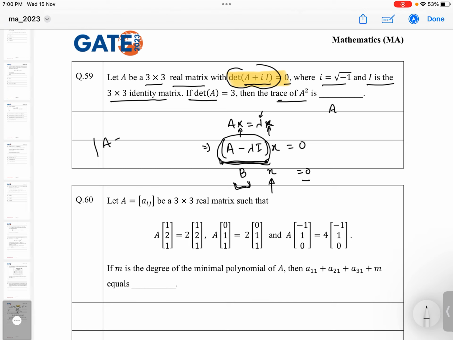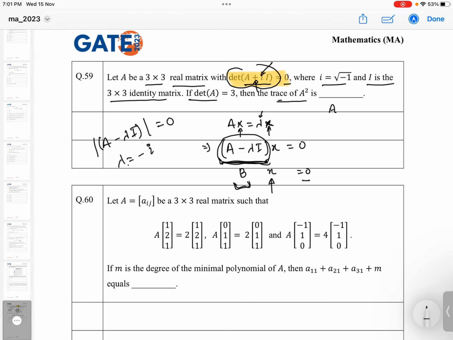So if you look at this expression, what we are taking is the determinant of A minus lambda times I equal to 0. If you observe, the eigenvalue lambda is minus I, because here it is plus.